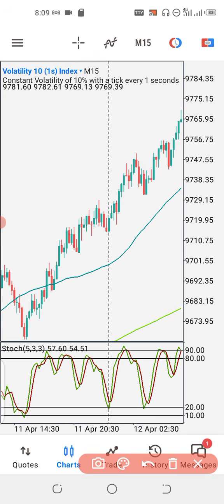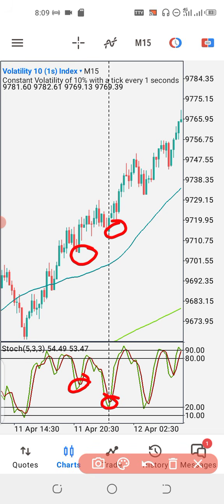Here is one, guys, for a buy. As you can see, here is the lower lows. Are you seeing it? Lower lows. Here is a higher lows.